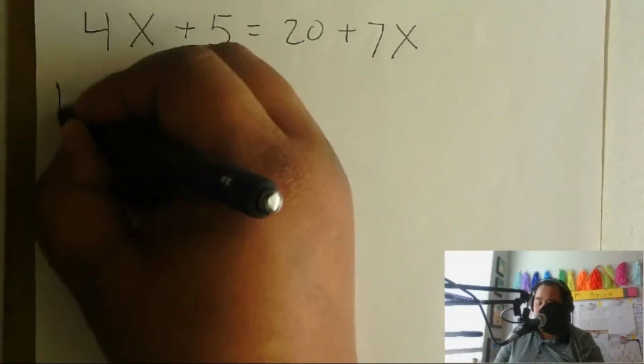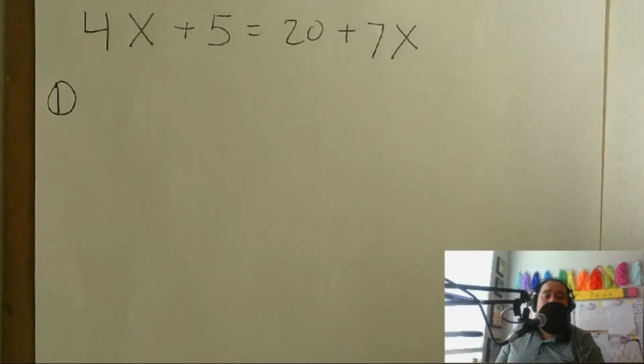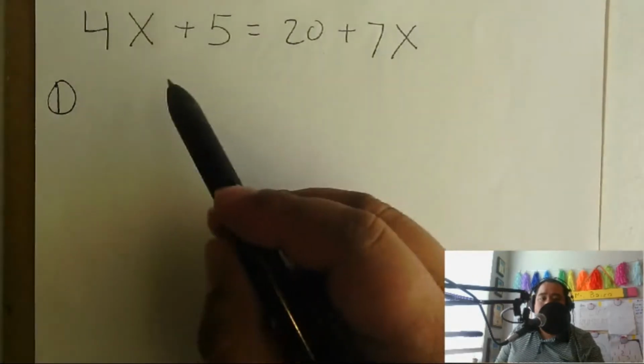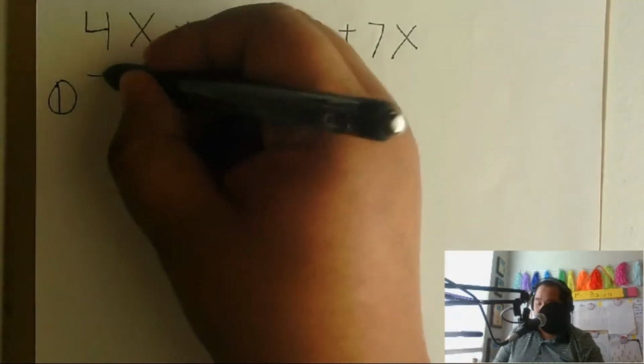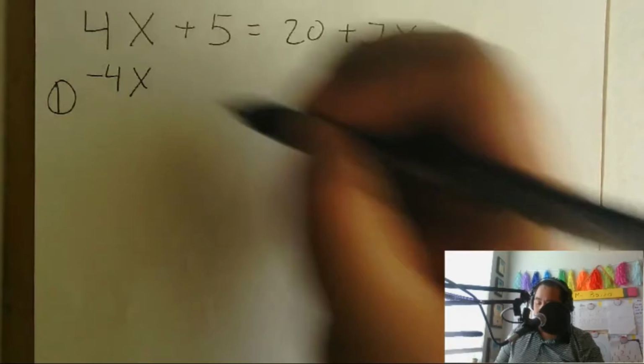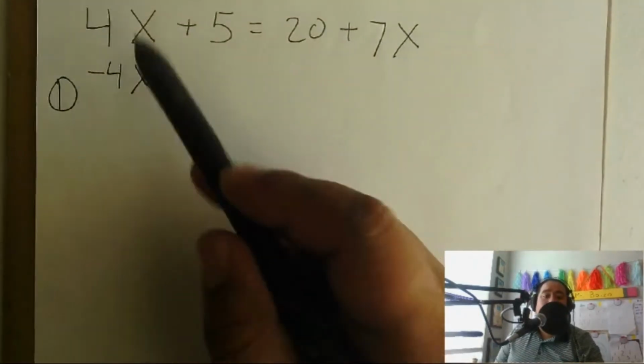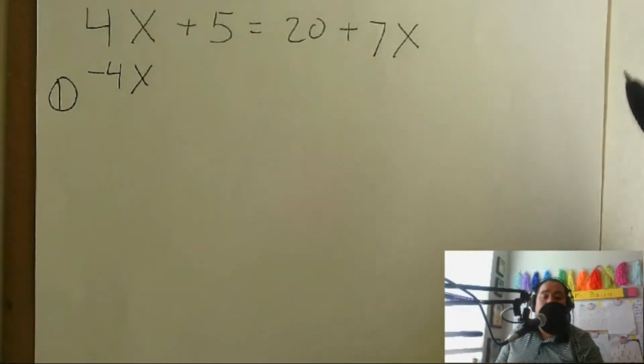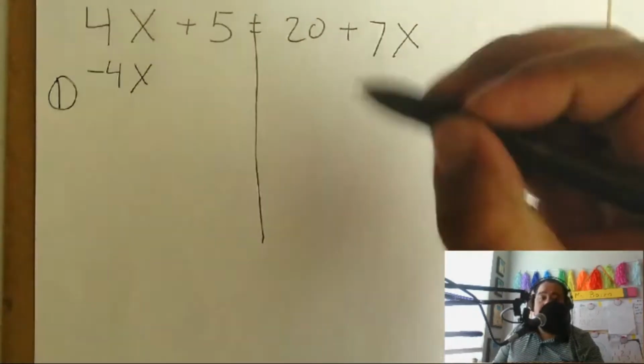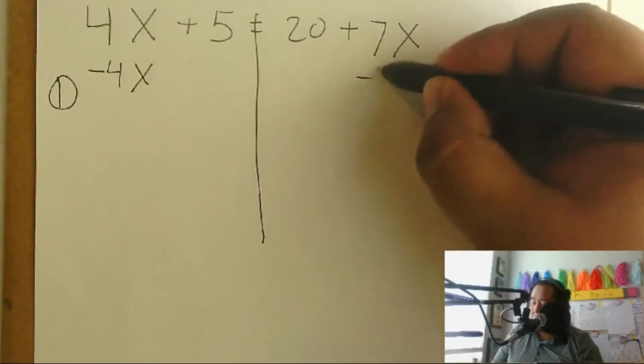So my first step is moving our x's to one side. I'm going to get rid of this 4x. And remember, whatever I do to one side, I'm going to have to do to the other. So on the other side of my equal sign, I'm going to subtract 4x.